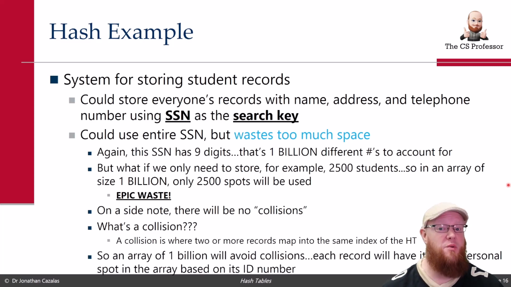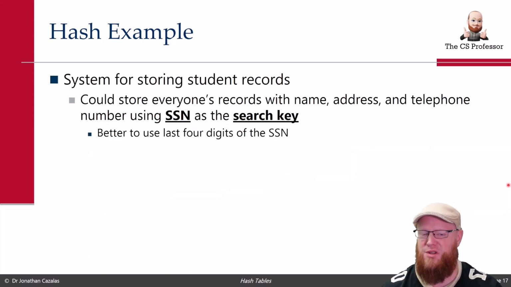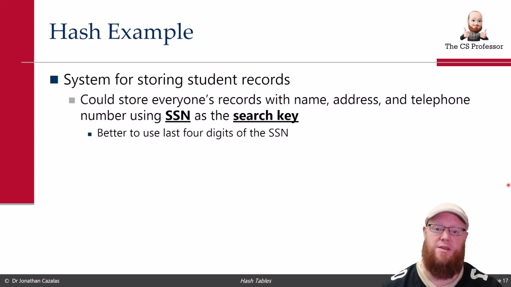So the good news is that with this array of size 1 billion, everyone would be guaranteed to have their own unique spot in the table, no collisions. Of course, the problem: what a disaster, an epic waste of space, a size billion array to only store 1,000 actual students. So better to use the last 4 digits of the social security number.